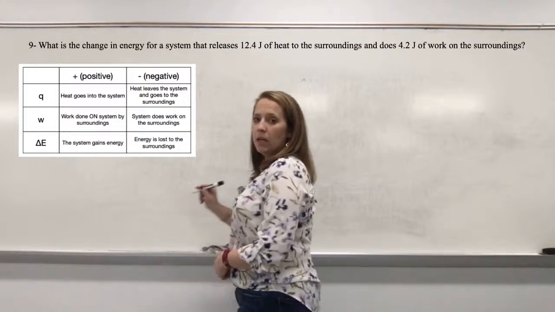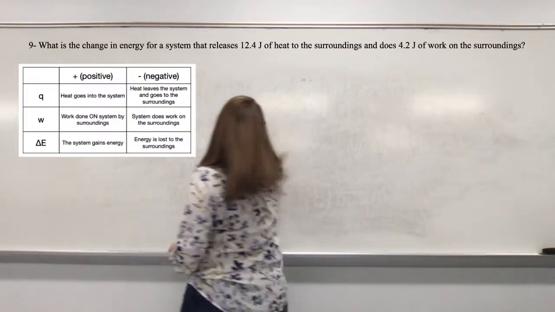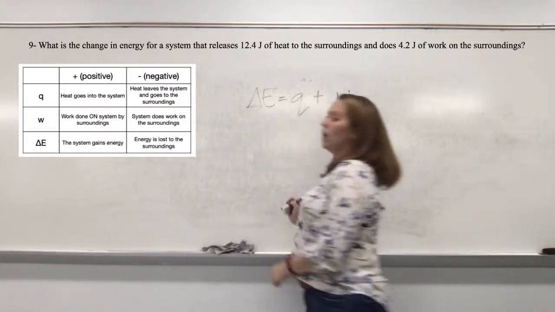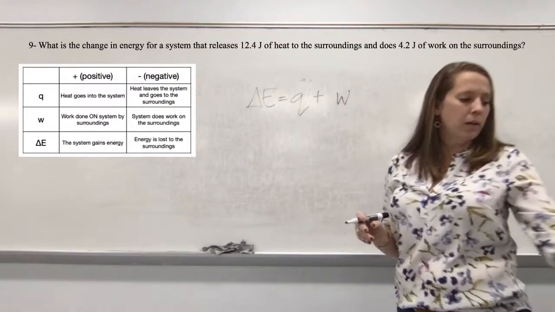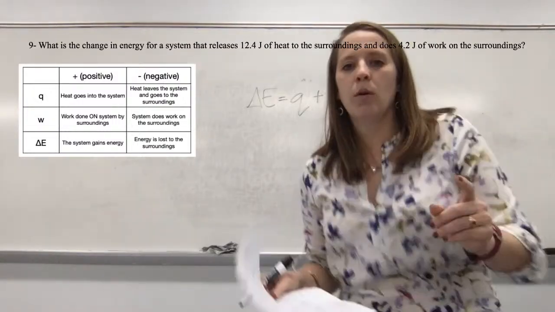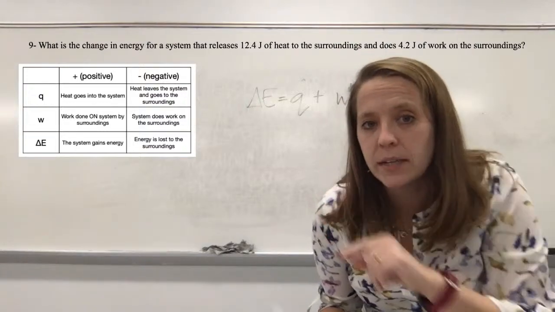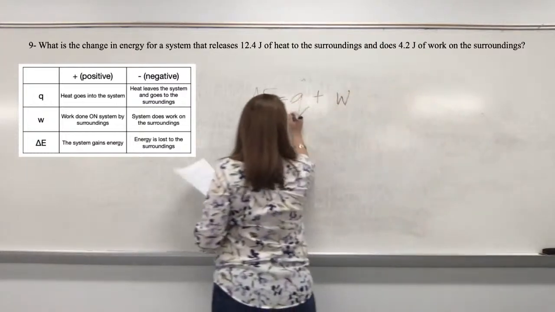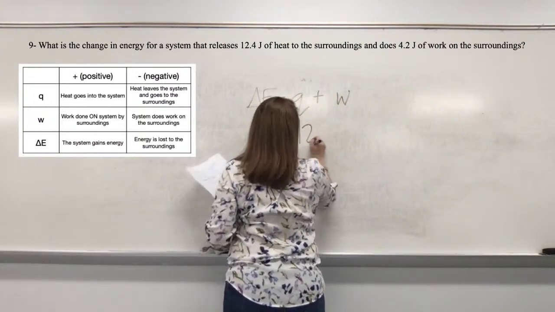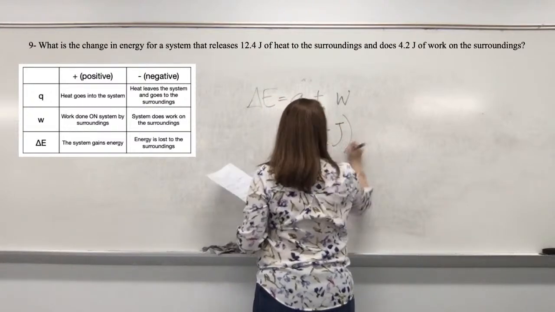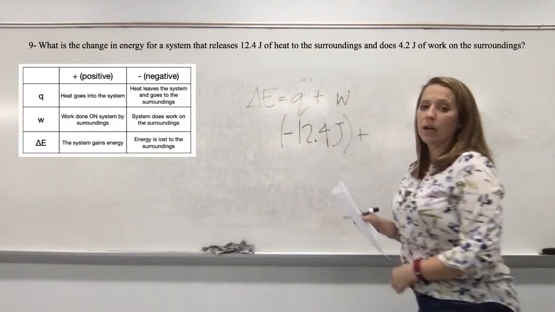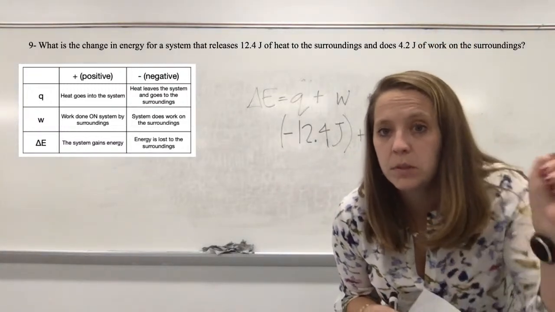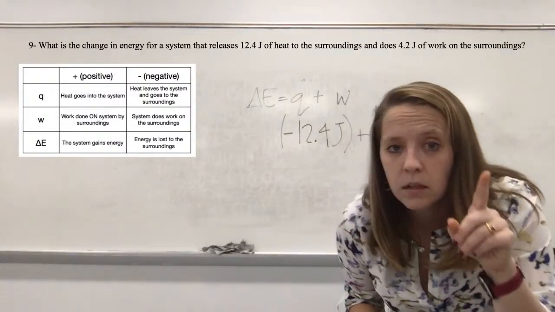This equation is going to be delta E equals Q plus W, and we're going to solve out of our equation. The heat is lost to the surroundings, so it's released, so Q is going to be negative. We're going to have negative 12.4 joules plus, and the work in this case, the system does work on the surroundings.